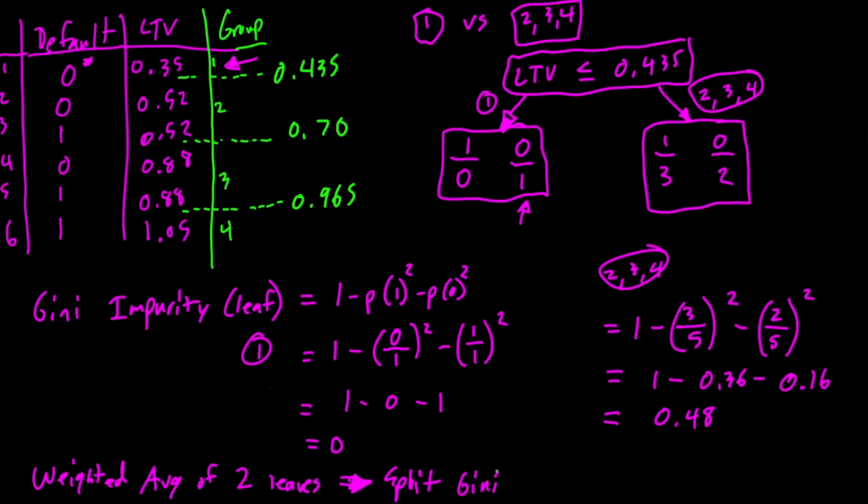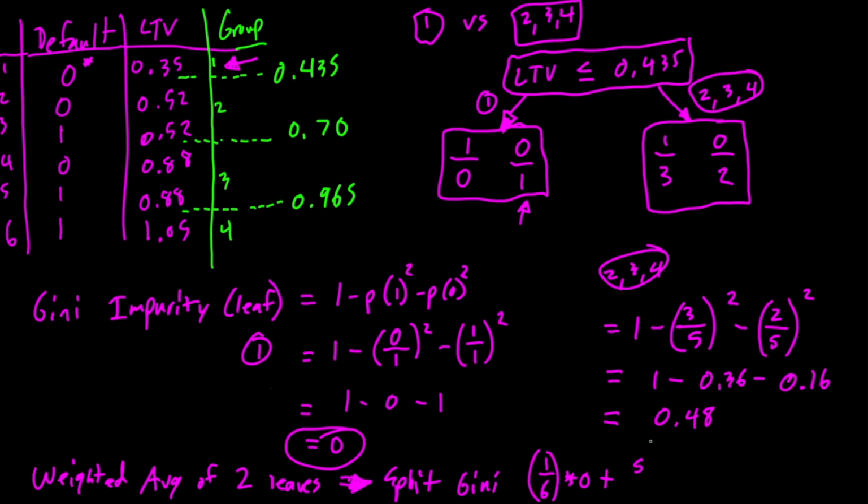And so in our case here, what we're saying is, okay, in this one group here, there's only 1 observation. So this is going to be 1 over 6, multiplied by, again, our Gini of that leaf, and that is going to be 0. So this is going to be times 0 plus this other group of leaves here. Again, there are 5 observations in this leaf, and the total population of everything is 6.